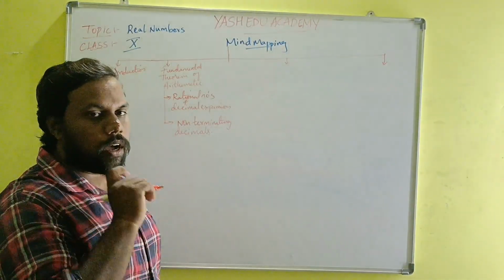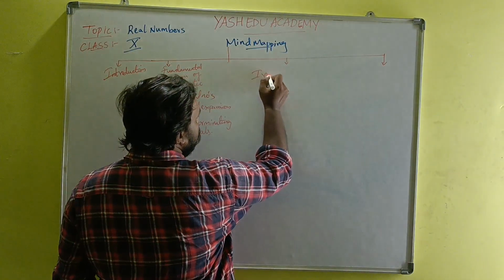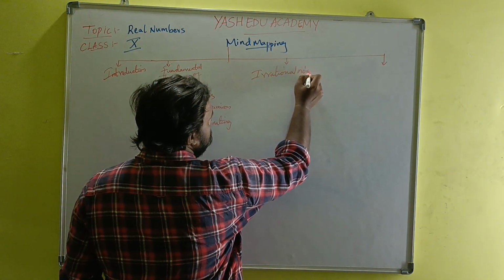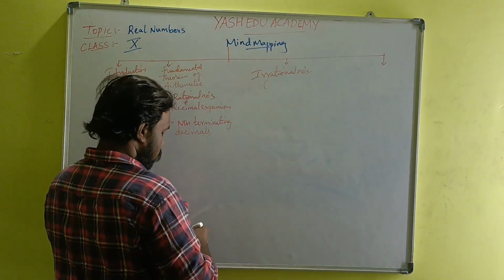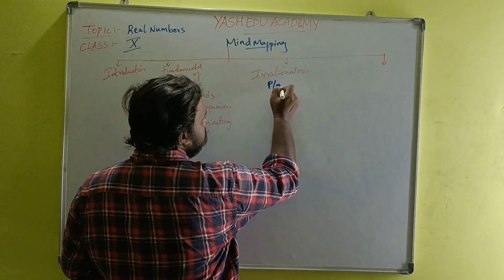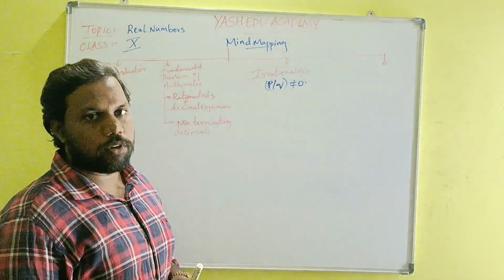After non-terminating decimals, we will have irrational numbers, which do not obey the p by q form.